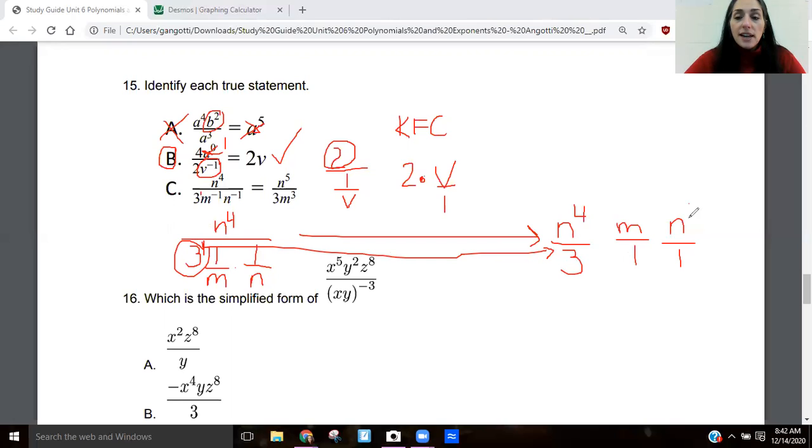So this is going to have a 1 right here. This will have a 1. So when you multiply these, you're going to add the exponents, but not with the m. The m is not the same base. So this would be n to the 5th m all over 3, which is close but no cigar. So C is not the same.